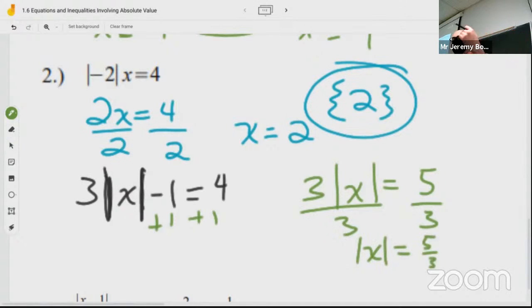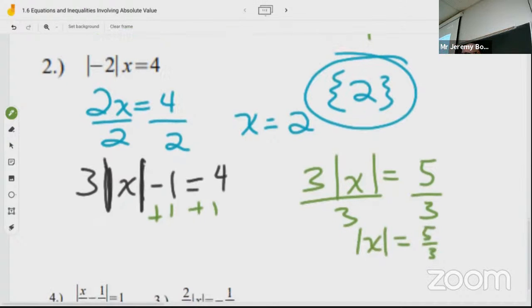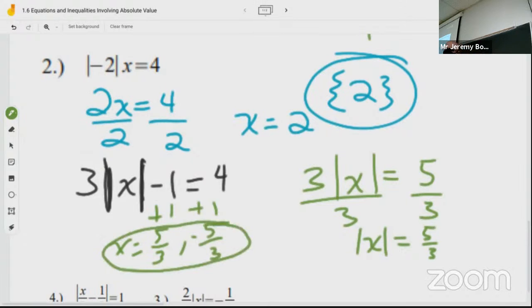And now that we got the absolute value by itself, now we want to make that step and say, well, either x can equal 5/3 or negative 5/3. So get the absolute value by itself before you make it into 2 different equations. Any questions on that?